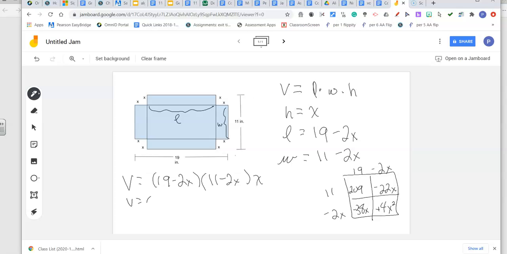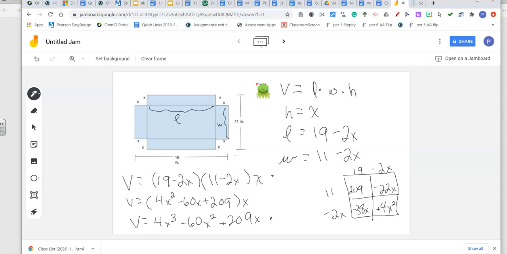So now I have, and we'll put it in standard form, 4x squared minus 60x plus 209 times x, and then I just distribute that out. And remember, you add the exponents, so it's 4x cubed minus 60x squared plus 209x. So this would be in factored form right here, and this would be in standard form.